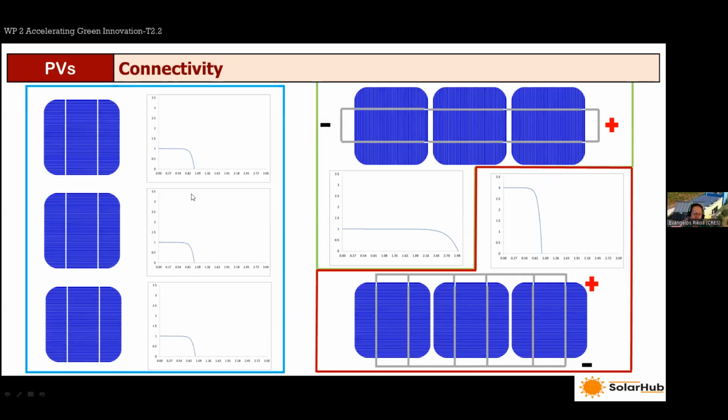And as I mentioned before, there is a possibility to have a high current from photovoltaic cells, but it's hard to get a high voltage, and most applications require a much higher voltage than 0.7 or 1 volt, let's say.